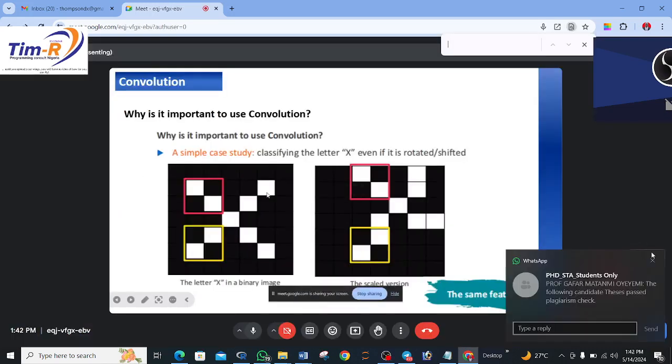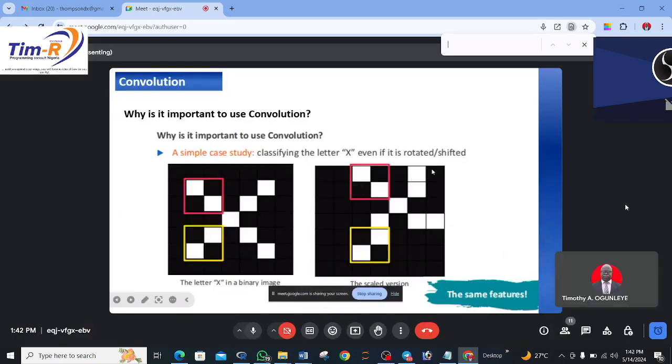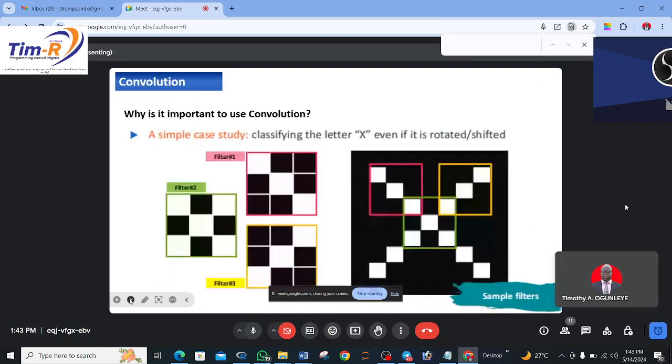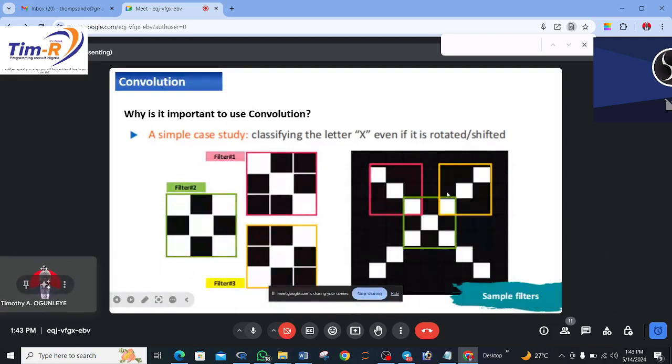Even if this was rotated, it's still talking about the same feature. Looking at this, we have filter 1, here we have filter 3, and we have filter 2. If we combine these different filters together, we can see that we still have the same letter that we are trying to classify.